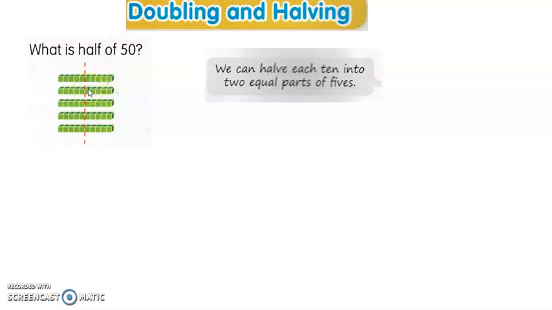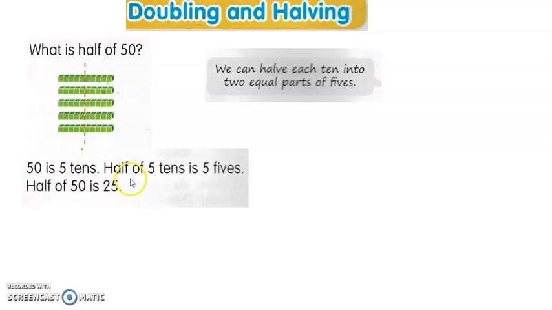The second 10, I'll do the same thing with it, and all the 10s I will do the same thing. So I'll get two groups of 5 fives, right? This is the first group. This is the second group. In the first group I have 5 fives: first 5, second 5, third 5, fourth 5, fifth 5. So 5 fives means 25, right? So 50 is 5 tens, half of 5 tens is 5 fives, then half of 50 is 25.